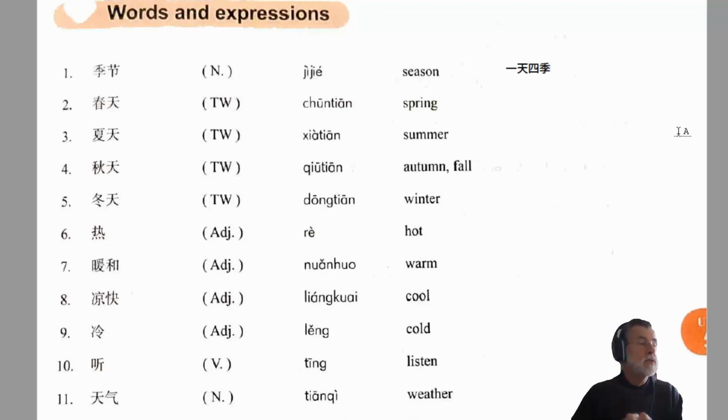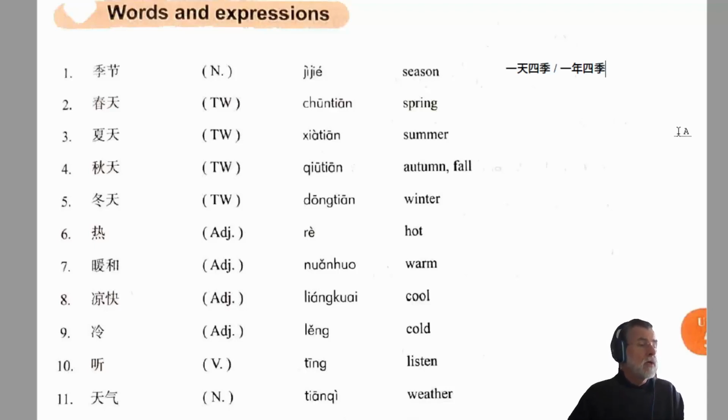So there's the ji from 季节 for seasons: one day, four seasons. Chinese themselves have an expression when they're talking about all year round. They sometimes say 一年四季, meaning the whole year, four seasons of the year, but it can mean doing something throughout the whole year.